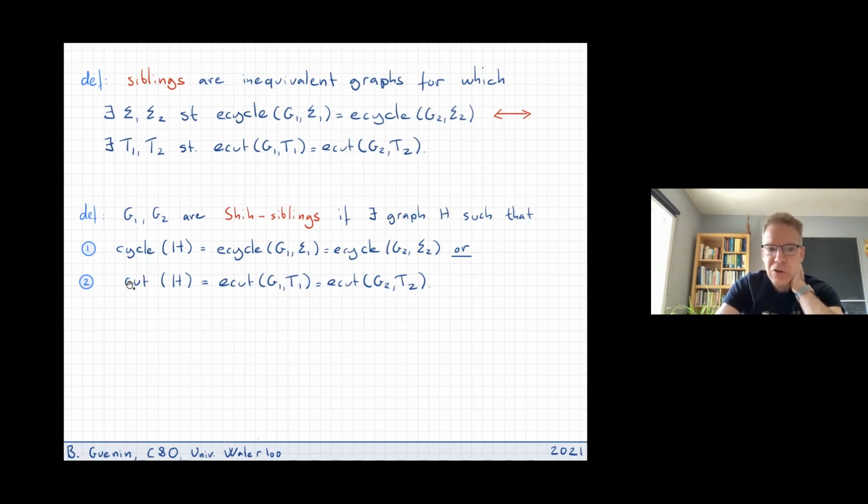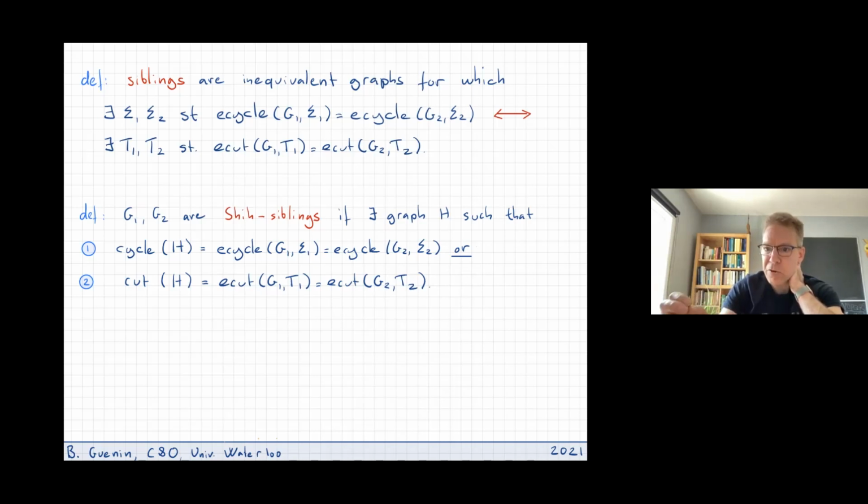And similarly, you could use the cut version of Shih's theorem, which is telling you something different. If the even cuts of G1, T1 is equal to the cut of some graph H, then I know the relationship between G1 and H, and I know the relationship between G2 and H. Now, I want to point out that this is not an "and" statement. The two things don't happen at the same time.